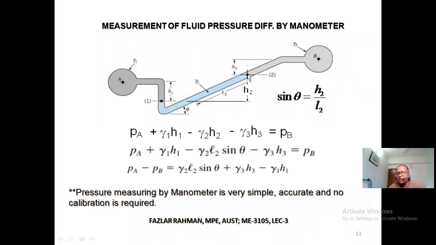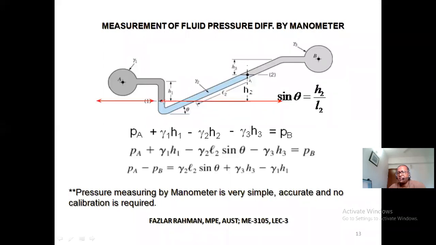So where will be the common point? If you take this one, this is out of the tank. You cannot take this one, right? So it is better to take right over here, right through this point. Also the dimension is given.